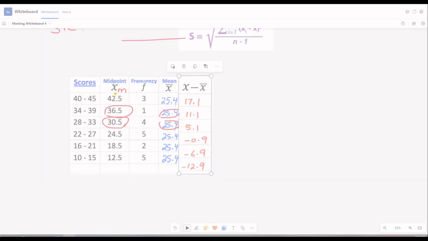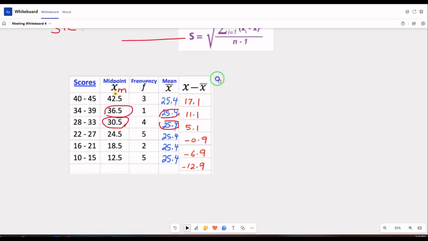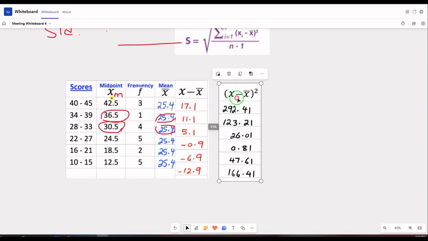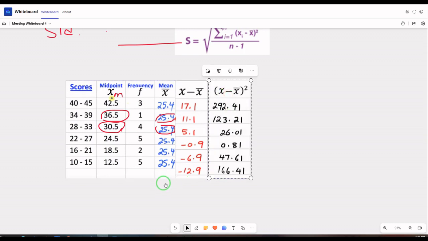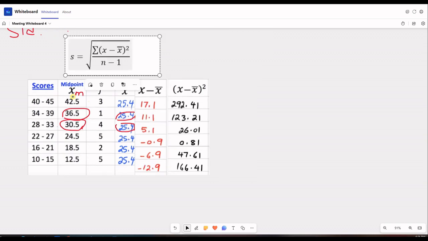Okay, so each of these values should be raised to the power 2. Okay, now this is the next step. I already calculated it.